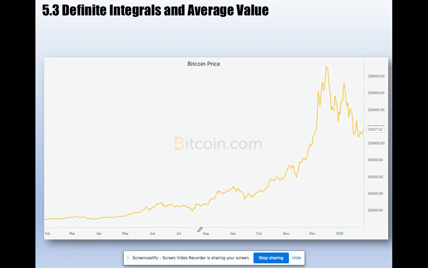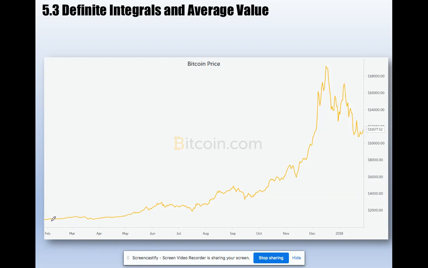So look at this crazy graph of the worth of Bitcoin, right? Starting in February and ending 1 year later, from 2017 to where 2018 started. Crazy, crazy, right?